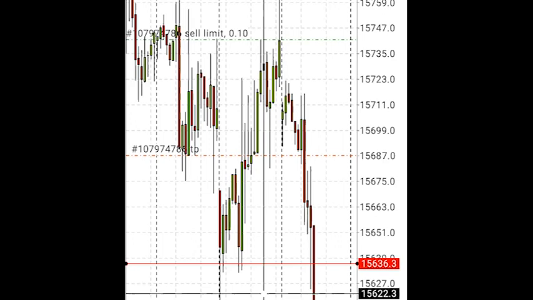So our sell limit, let's modify the sell limit. Place a new sell limit at 1.5636.3 for that same D30.